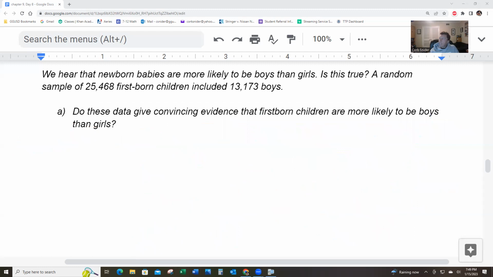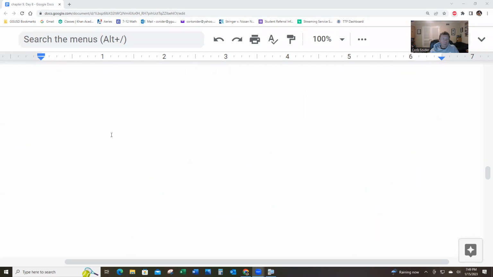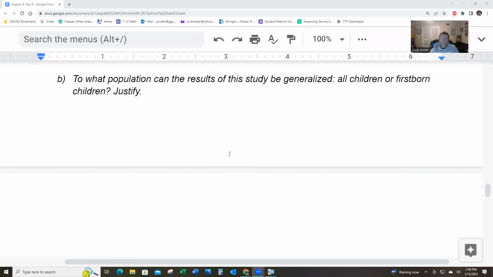Now, the last part, little question was, to what population can the results of this study be generalized? All children or firstborn children? I think the study was just firstborn children. It wasn't all children, so it could only apply to that. So this is a really easy answer, but I will write it out. So I'll put because, I guess you shouldn't start a sentence with because, but I am.